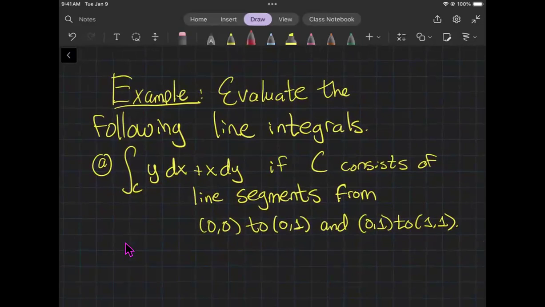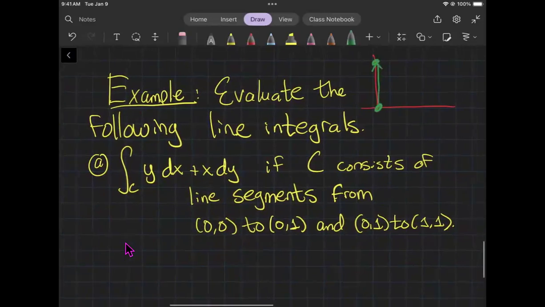So we want to evaluate the following line integrals. Here's the first one. We have a line integral of y dx plus x dy, if C consists of the line segment from the origin up to 0, 1, right?